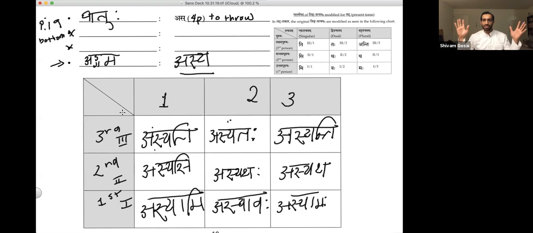Let's say you're busy. I know you all are really busy. Let's say you don't have time. Do 1 full page. Do as much as you can. But the homework is page 19 to 23, only the fourth gana dhatus. Okay, we'll end there.